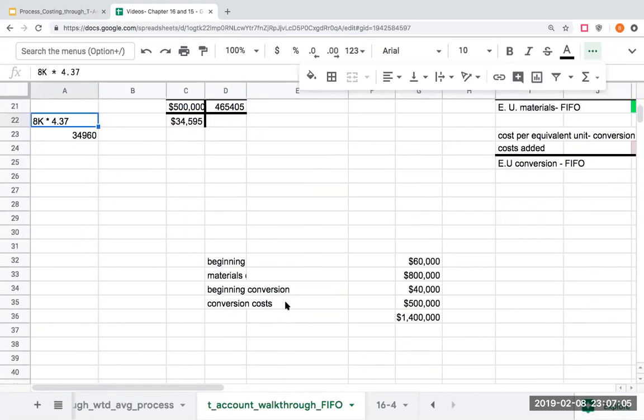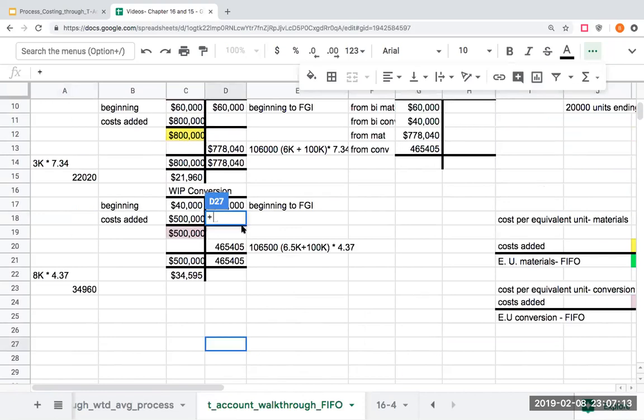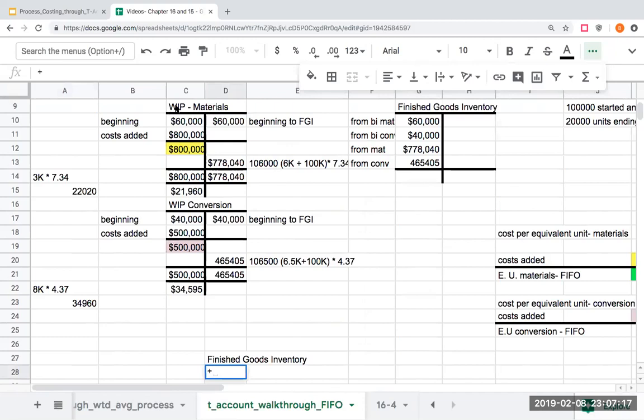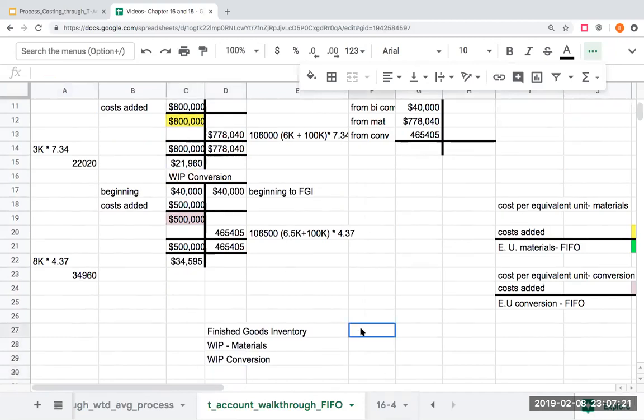The last thing I always want to do is make sure that my total costs to be accounted for are good. So in this one right here, I'm going to go through finished goods inventory, work in process materials, and work in process conversion. It might help if I actually add these up.